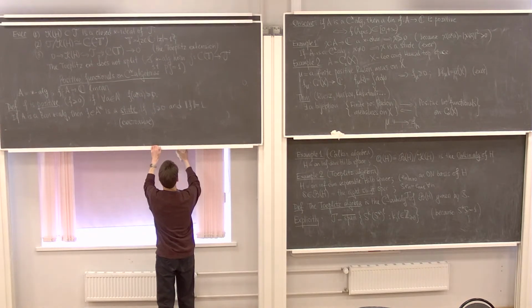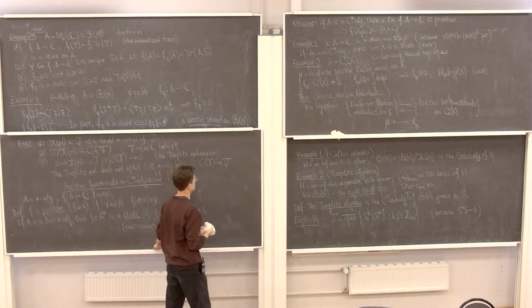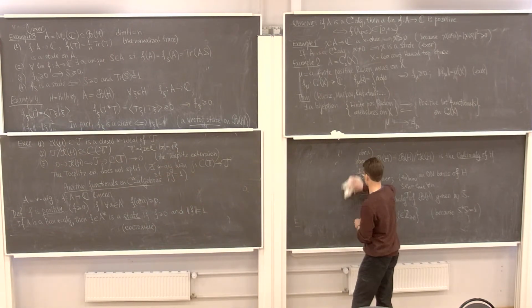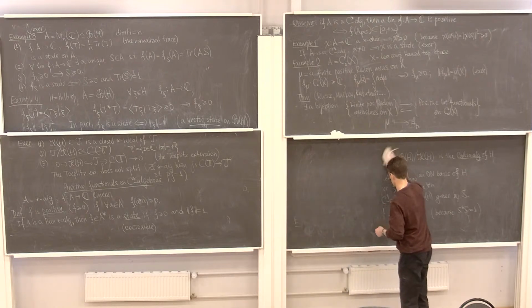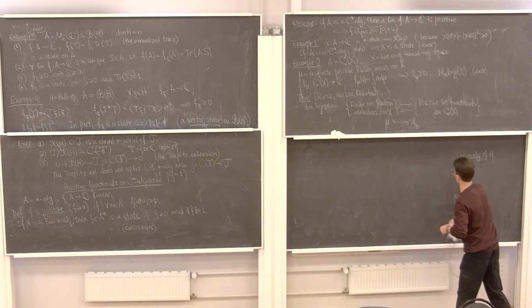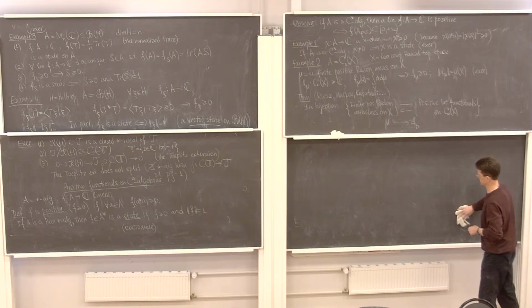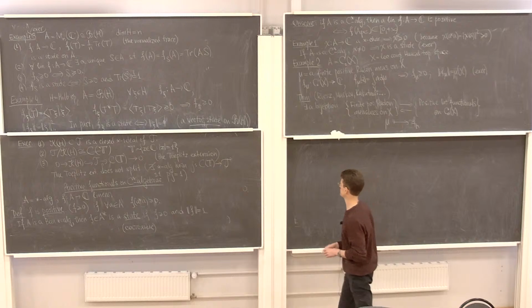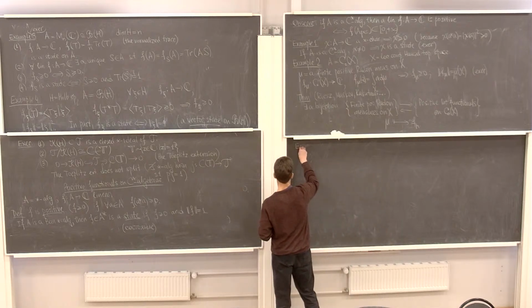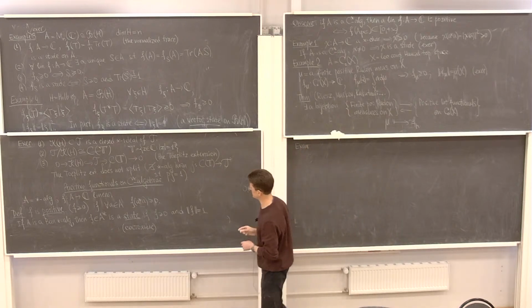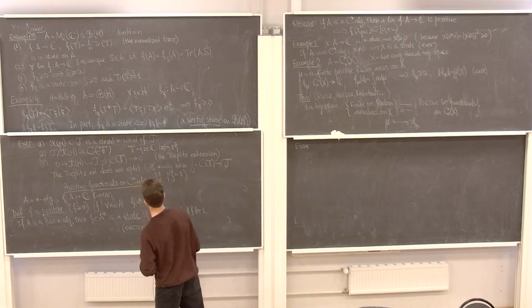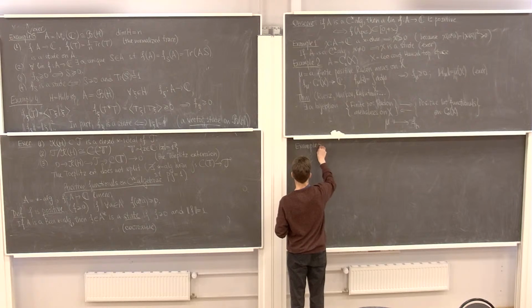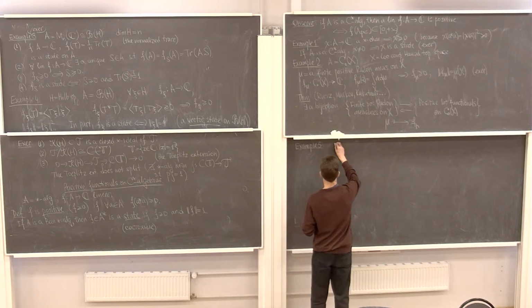Okay, another example. Another example of a state comes from group C-star algebras. This is example 5. We start with a group.